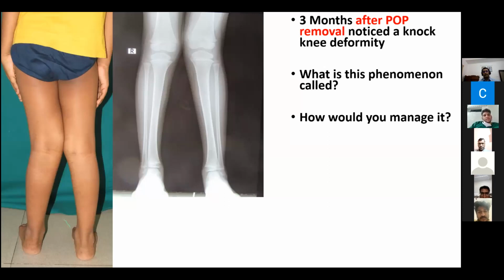The reason is the CORA, or the apex of the deformity, will move down to the diaphysis region. When you do guided growth after 6 years or so, you will create a Z-shaped, zigzag deformity, because the apex of the deformity has now gone down to the metaphyseal region. So you wait; if it does not improve, then proceed.